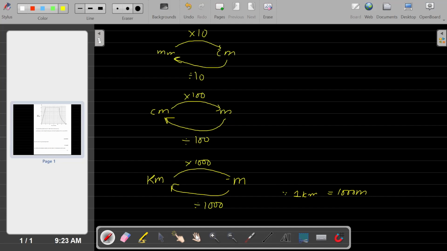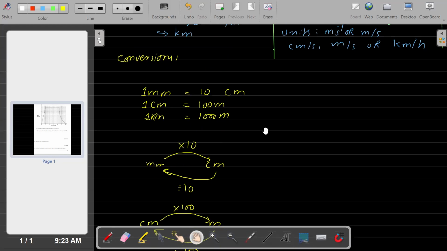Let's move forward for the velocity, or speed. We are going to find the conversion rate for that.